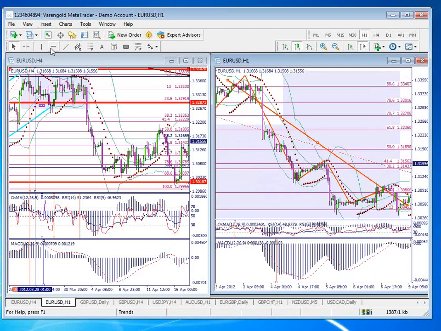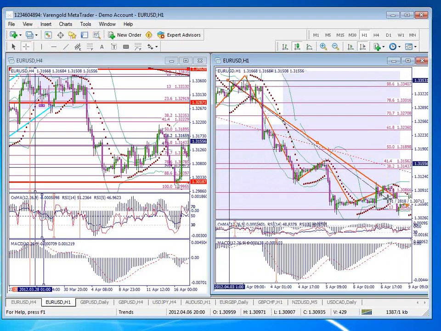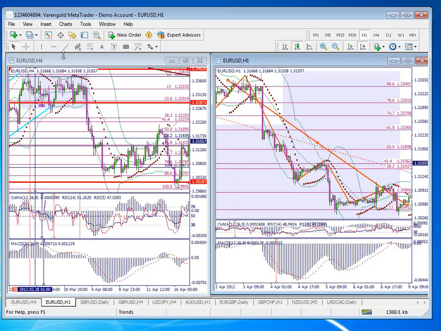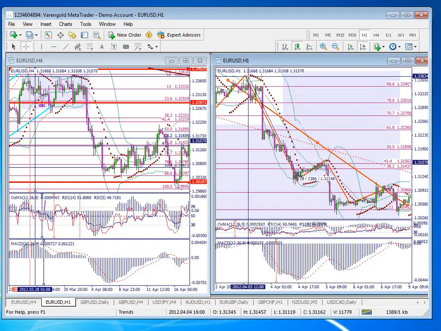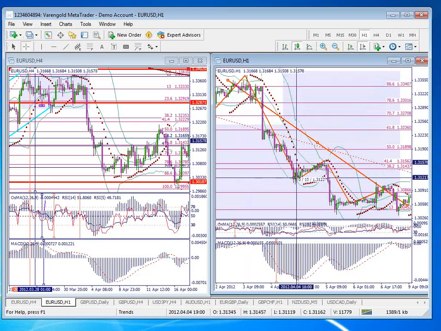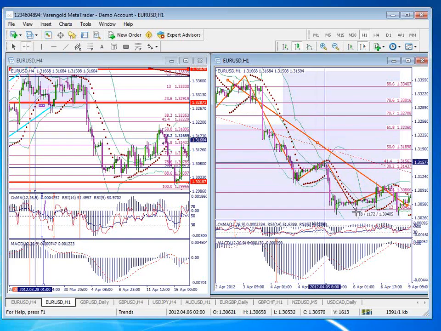Just as one idea, you have on 4 hour about 300 pips, but here on 1 hour we have 85 plus about 200, 300, 350, 400, 500 pips you can have from swings that you can catch on 1 hour.